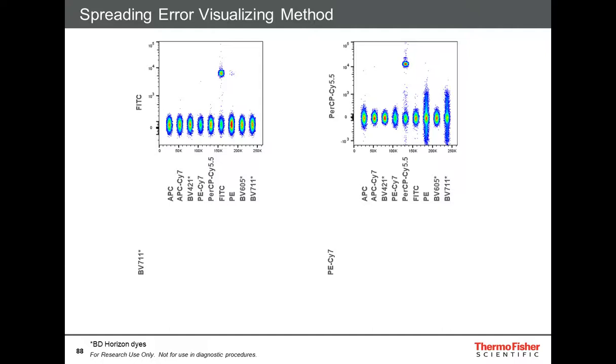Now, when we look at all of the dyes, single stained and concatenated in FlowJo, we can see exactly where the problem is, PE and BV711. When I add these two dyes, they contribute quite a bit of background expansion to the Per-CP Cy 5.5 channel.